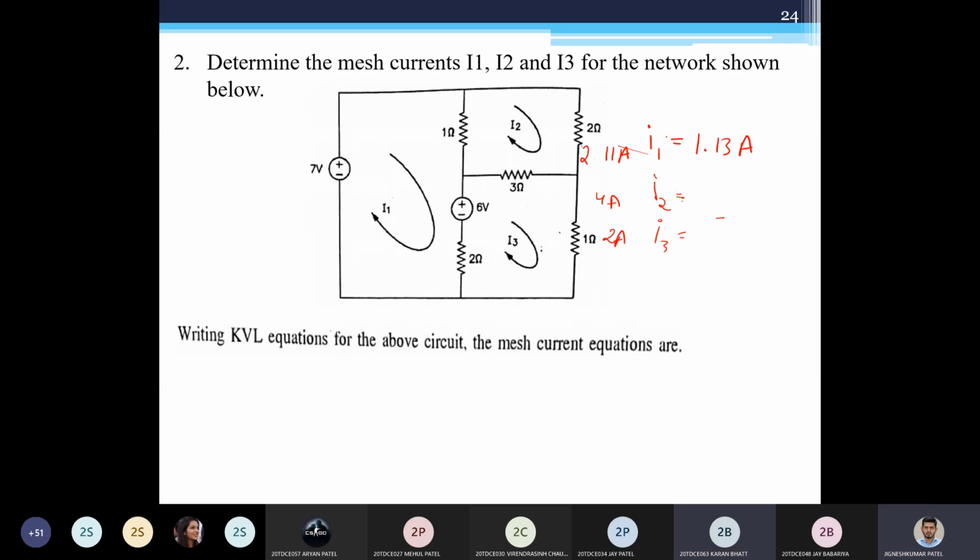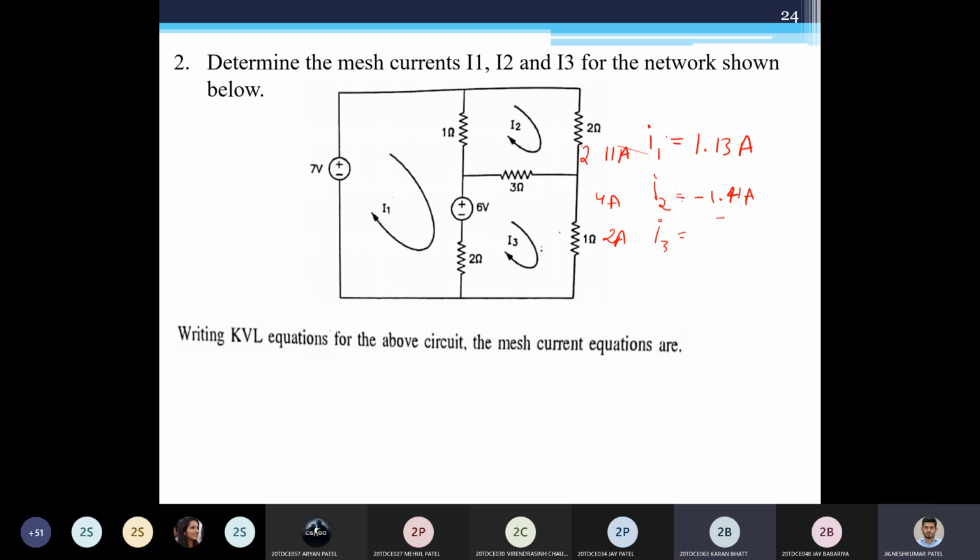Can you get it in decimal, with a point? Okay, sir, 1 minute. 1.41. 1.41 ampere, minus. Yes, sir. And I3, sir, similar to I1, 1.13 ampere.